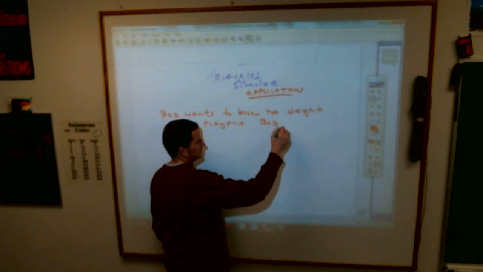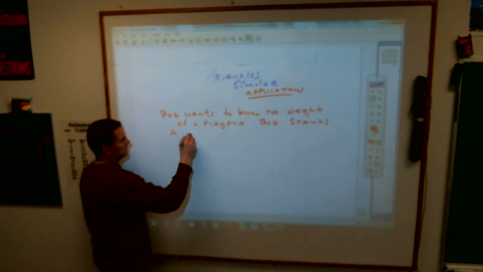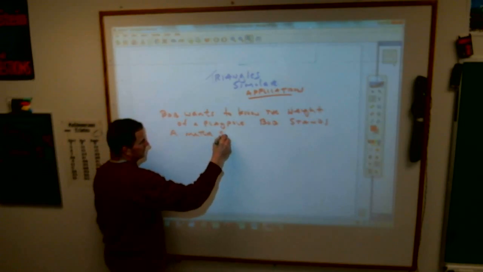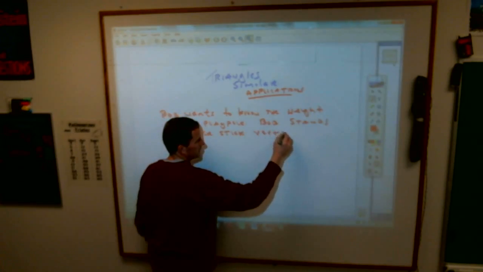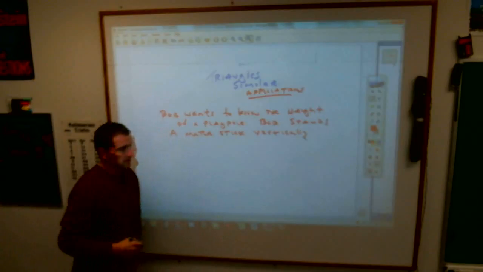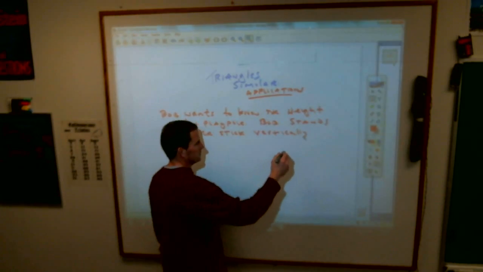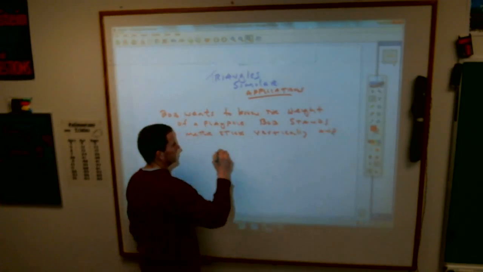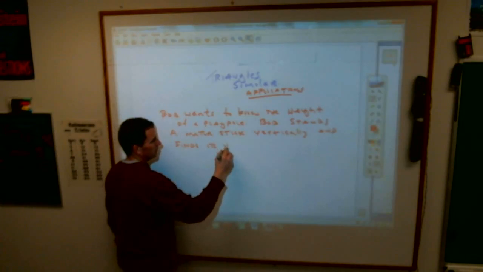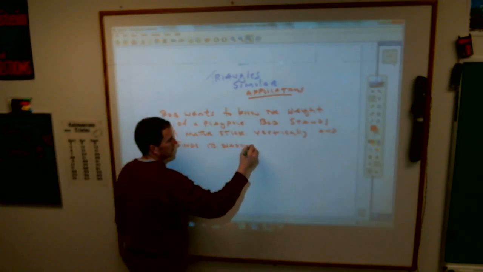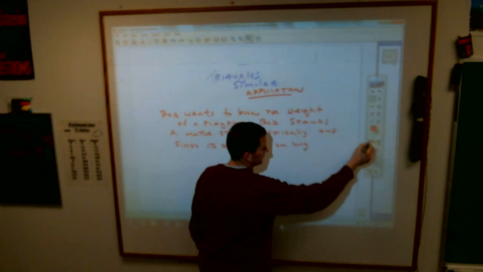Bob stands a meter stick vertically, and finds out that its shadow is 120 centimeters long. Now I'm going to sketch that little picture before we do the rest of the problem.